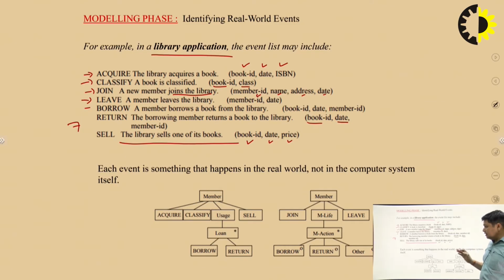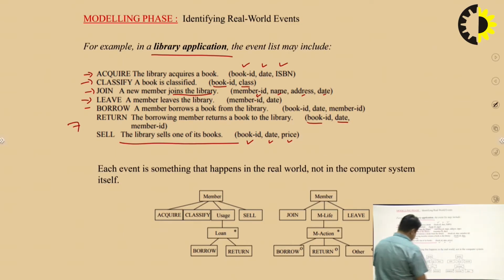Each event is something that happens in the real world, not in the computer system. You can see here that members are responsible for acquiring the book, classifying the book, uses and sales, and the loan module is responsible for borrowing and returning the books.